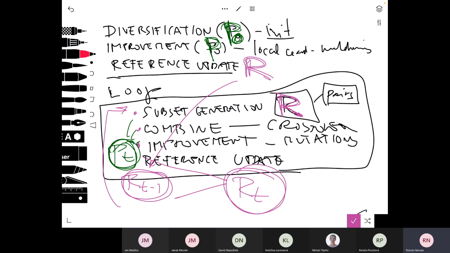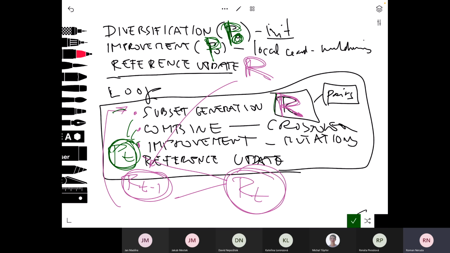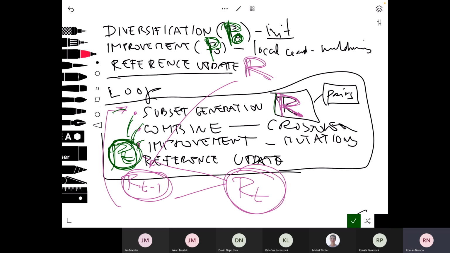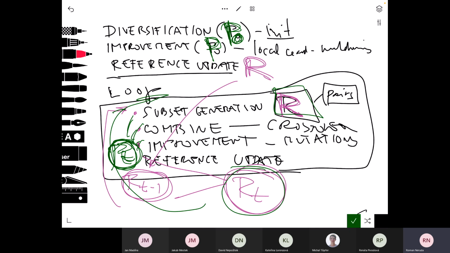So the population is there, but as Michal mentioned, we have the initial population we're working on, and then we're sort of creating from the reference set, we're creating the new population, but the new population then exists only for a while here, and we're updating the reference set and then going back with the new reference set and creating again, right?